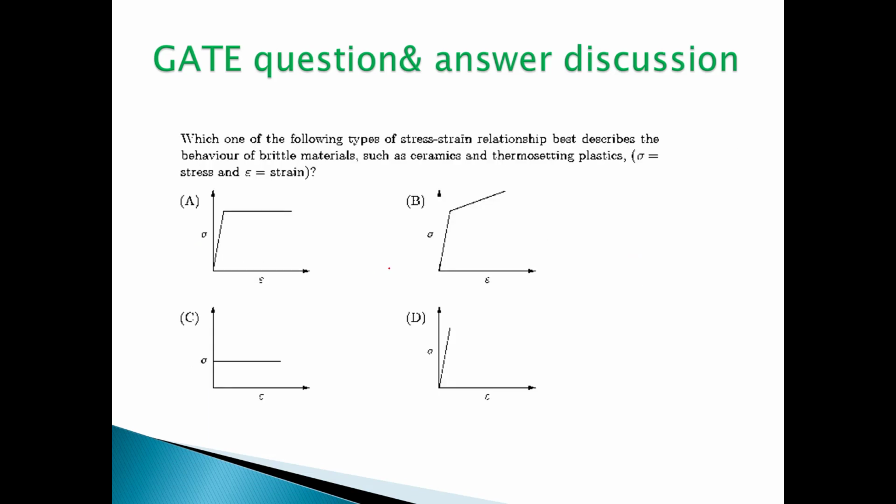Which one of the following type of stress-strain relationship best describes the behavior of brittle material, such as ceramic and thermosetting plastic? So the answer is D, because this is the best suited for ceramic and thermosetting plastic.